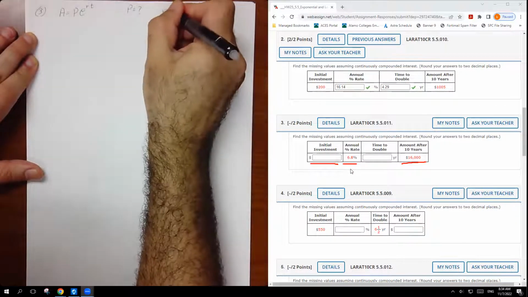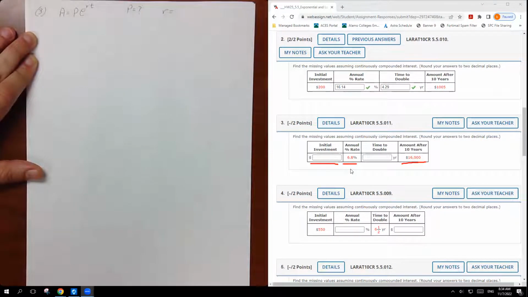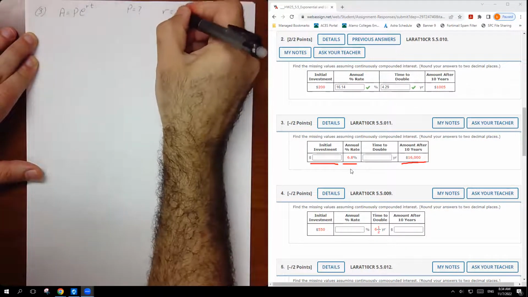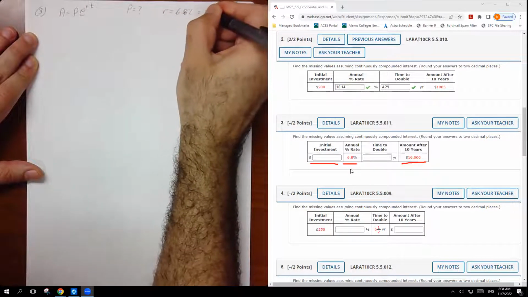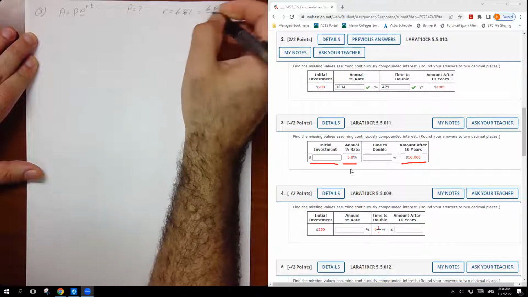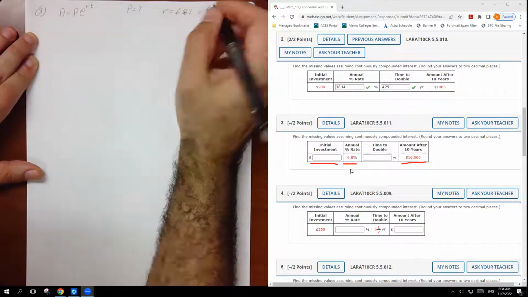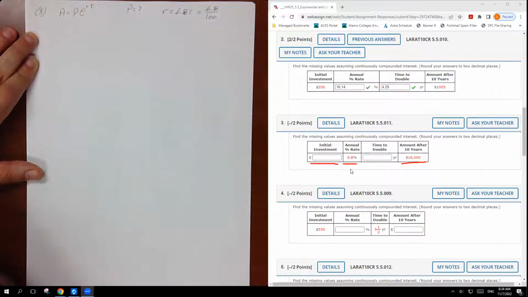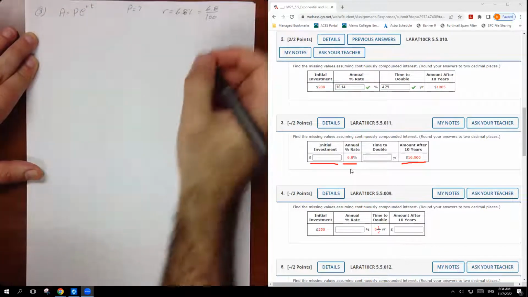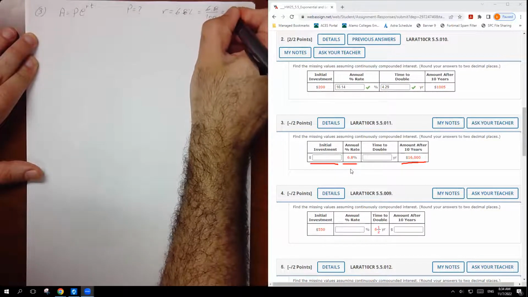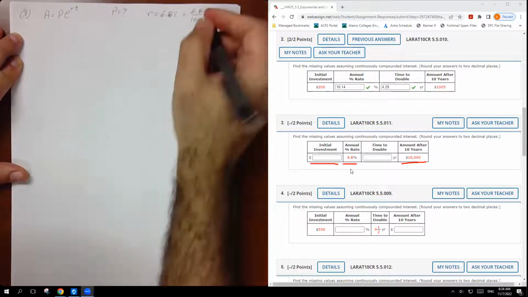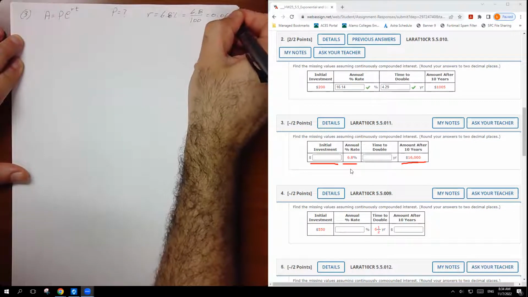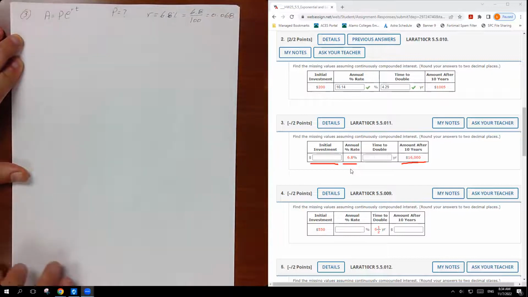We have R equal 6.8%, which is equal 6.8 divided by 100. So let's check how much it is going to be. 6.8 divided by 100 is 0.068. So this is our rate.